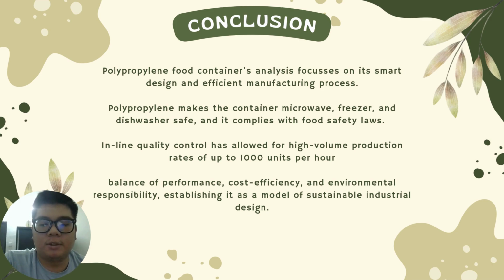And for the manufacturing process, inline control has allowed for high volume production. It can reach up to 1,000 units per hour. And this food container is a balance of performance, cost efficiency, and environmental responsibility.